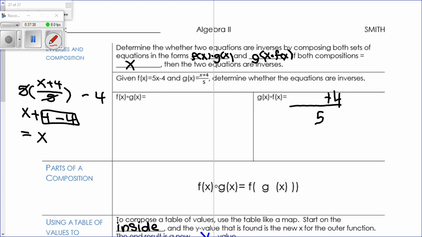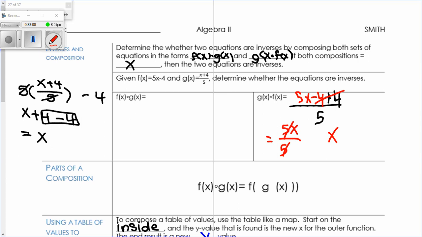f equals 5x minus 4. What are my like terms? 4 and negative 4. These cancel, and I'm left with 5x divided by 5. What happens to the 5s? Cancels out. What am I left with?